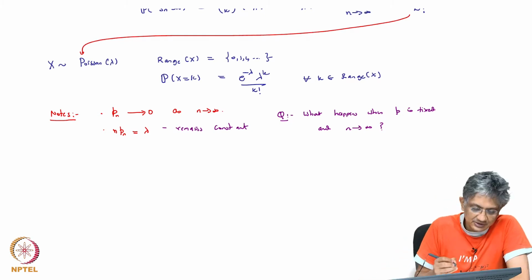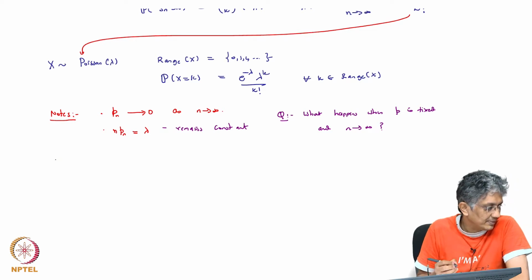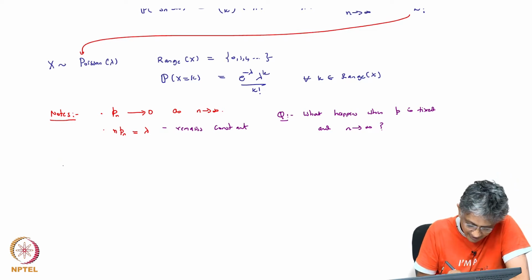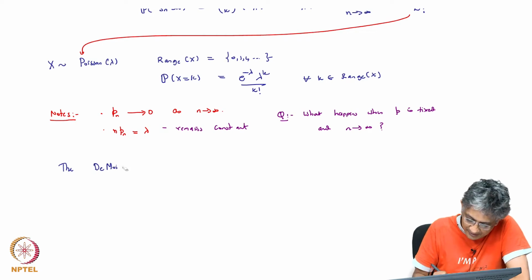It's called the De Moivre-Laplace central limit theorem. So I hope I'm pronouncing it correctly. The spelling is wrong.